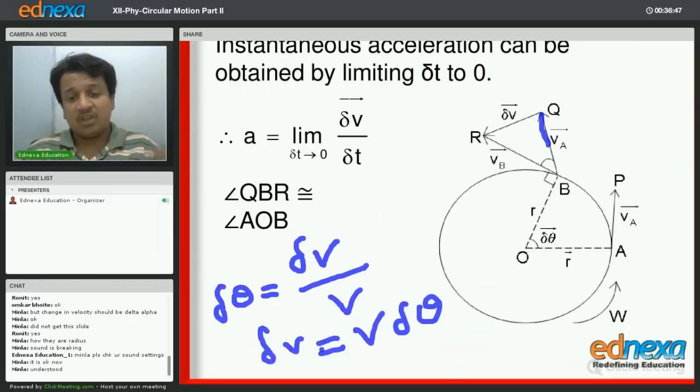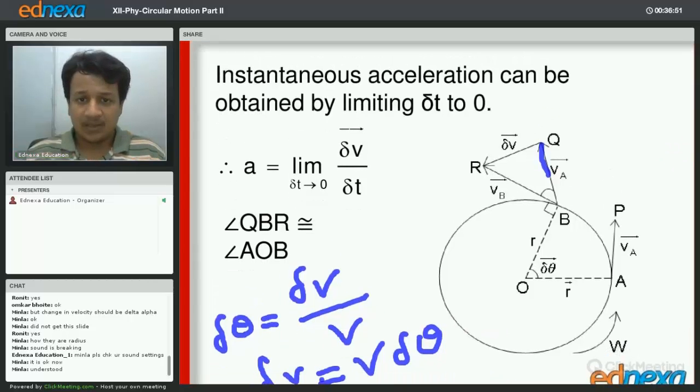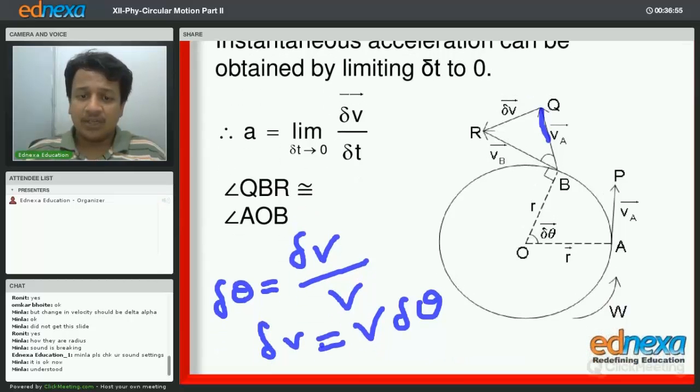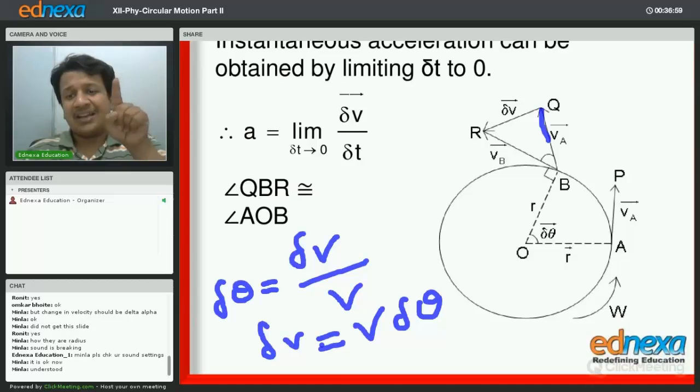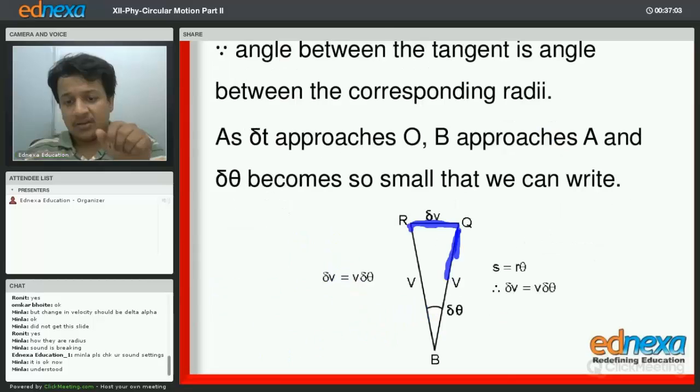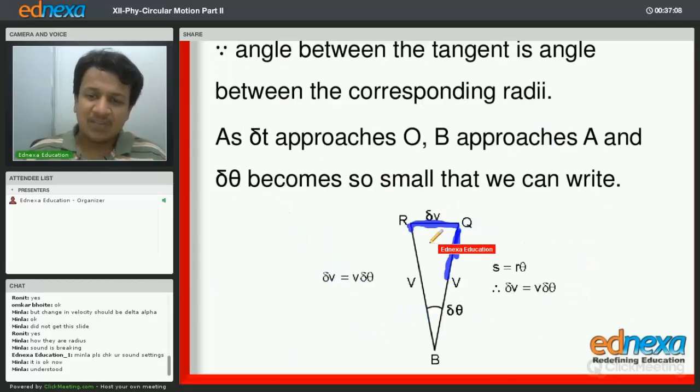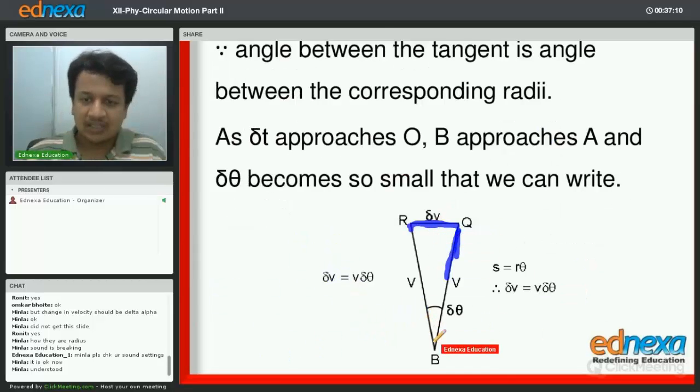So acceleration is change in velocity upon time, so delta V upon T. Is it right? Then when it is delta V upon T, we are going to use a very basic concept, by considering a very minute part of the circle, that is triangle BQR or QBR.